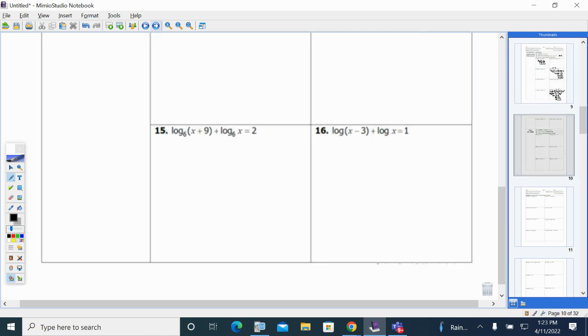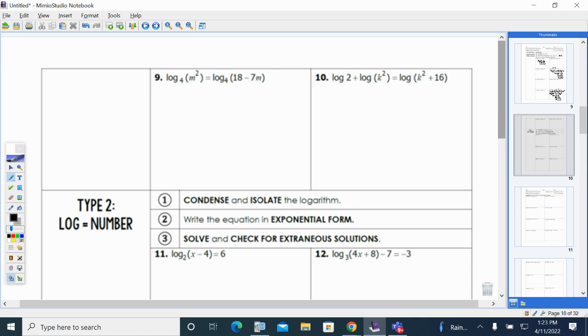Let's jump over and look at number 10. Number 10, I've got log of 2 plus log of k squared is equal to log of k squared plus 16.